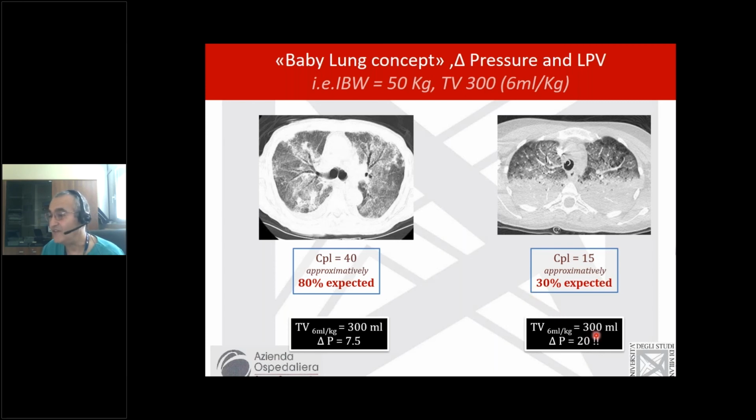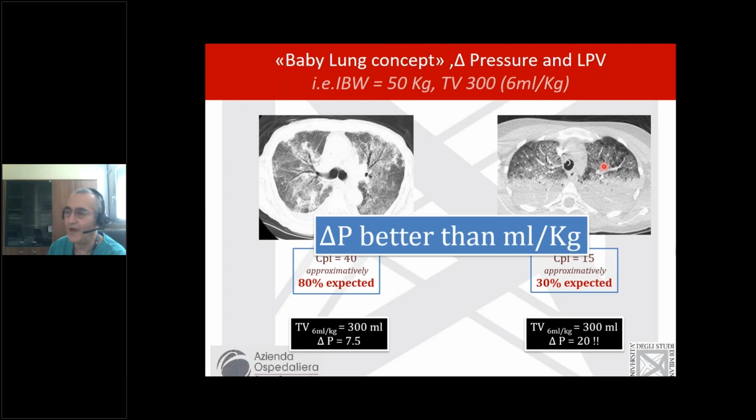But if we have 300 ml on a lung with a compliance of 15, it's very easy to calculate that the driving pressure is 20. So in this case, 300 ml is okay. It's a good tidal volume. In this case, 300 ml is not okay. We should use a lower value unless we are capable of improving the compliance of the subject. So in this way, I want to share with you the idea that driving pressure is a bit smarter than ml per kilogram.